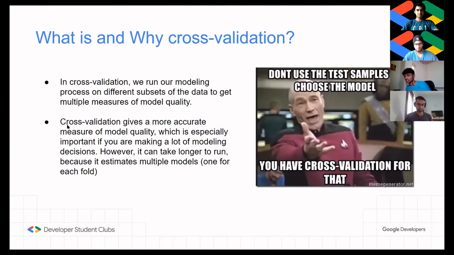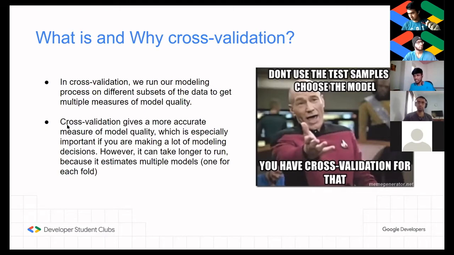So what and why is cross-validation? In cross-validation, we run the modeling process on different subsets of the data to get multiple measures of model quality. For example, if you have a small data set of 500 items, we split it into 100 each, and we run each time with the first 400 as the training data set and the next 100 as cross-validation.